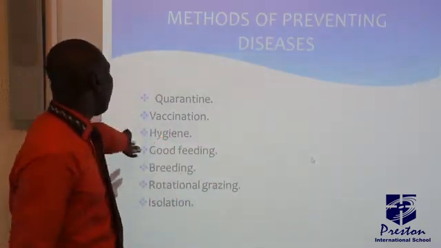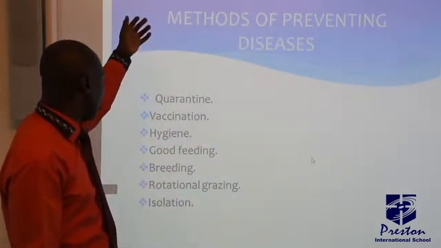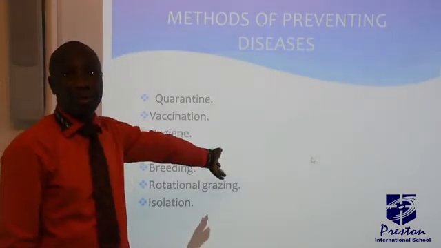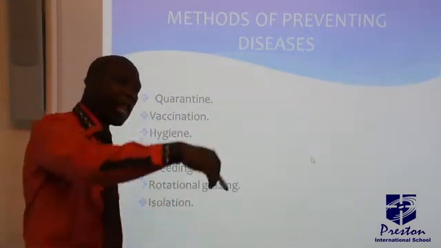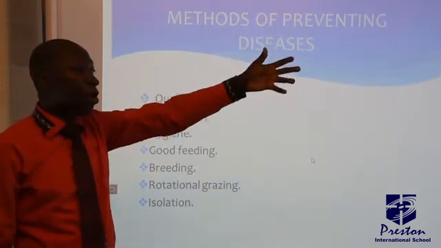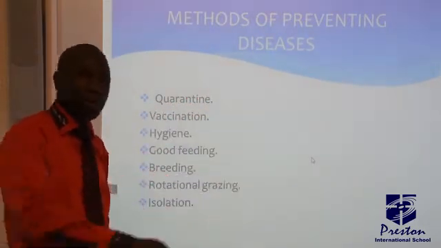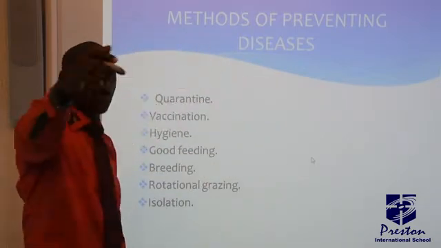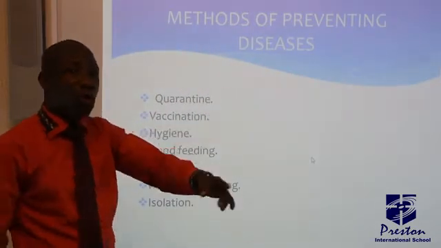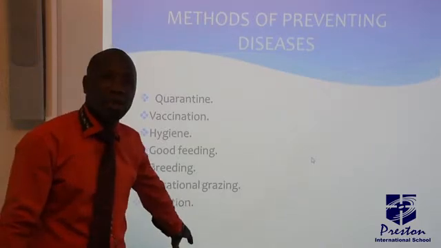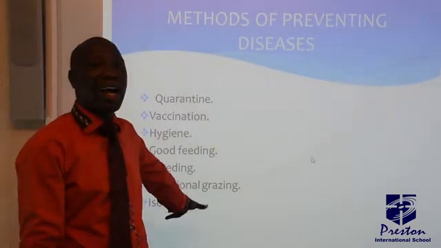Then we also talk about vaccination, which is very, very common. Then rotational grazing. When you allow your animal to graze on the farmland, you don't just allow them like that. You divide the farmland so that they can move from one point to another to control the spread of disease. And the last one that I want us to talk about is isolation.